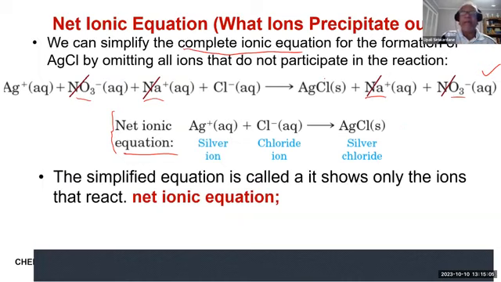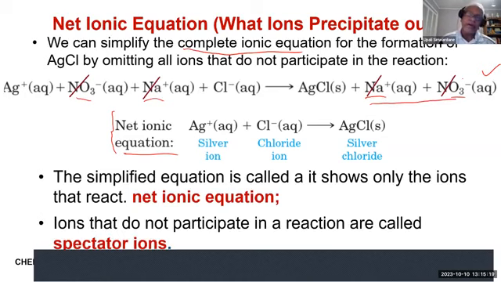The net ionic equation shows what really took place in the precipitation reaction. Since sodium and nitrate ions are present before the reaction and after the reaction, nothing happened to them. Therefore, these are called spectator ions. In this reaction, spectator ions are nitrate ions and sodium ions.